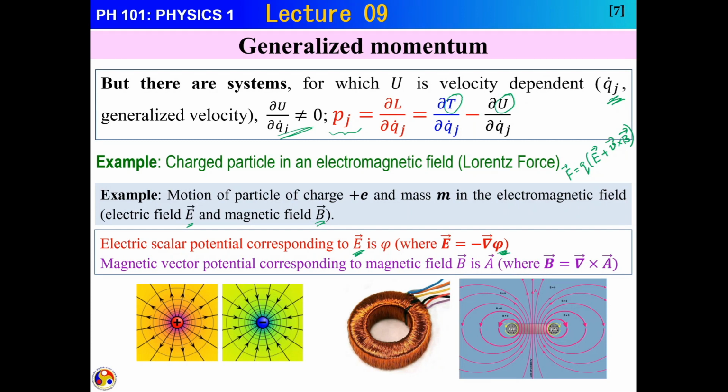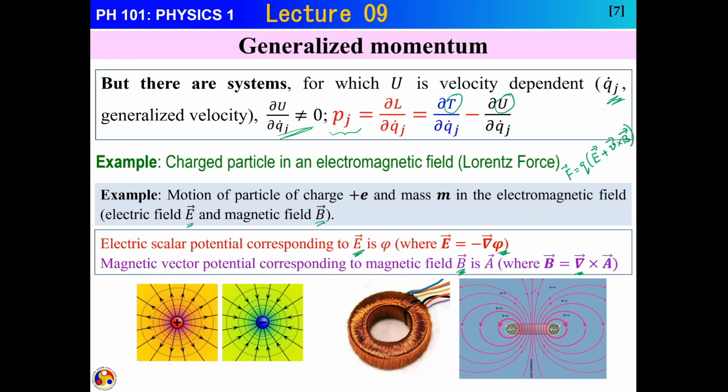Similarly, there is another potential called the magnetic vector potential, which gives information about the magnetic field in the form of del cross A, the curl nature. So the magnetic vector potential gives information about the magnetic field. You can imagine a simple toroidal coil that you see here. So B you can identify at every location using this magnetic vector potential.